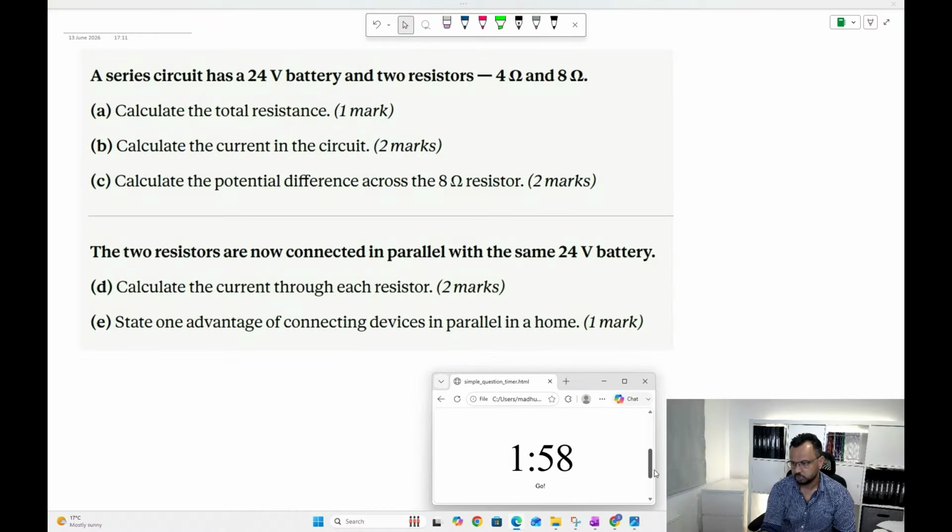So let's spend about 2 minutes to try to do this question, guys. Please make sure that you draw a simple diagram. That's necessary.